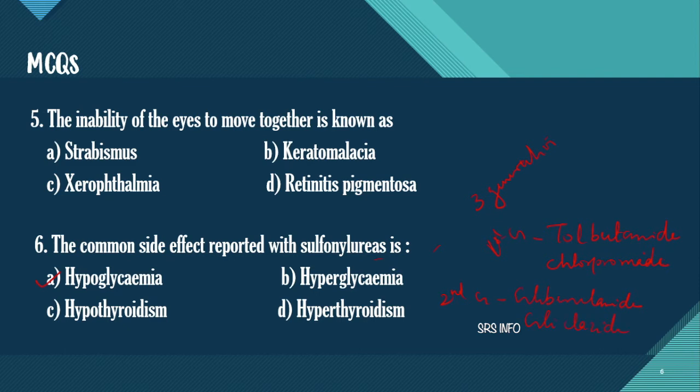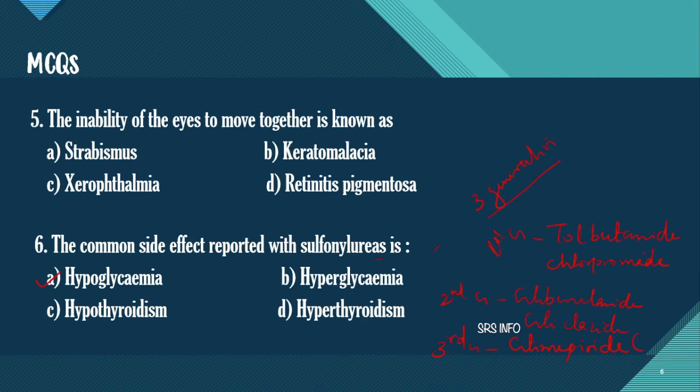All these drugs come under the second generation. Third generation, the main example is glimepiride. Sometimes glimepiride is also considered second generation. So just remember that sulfonylurea drugs are classified into three generations: first, second and third.